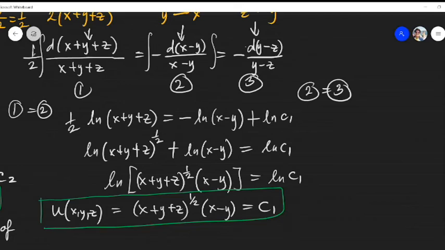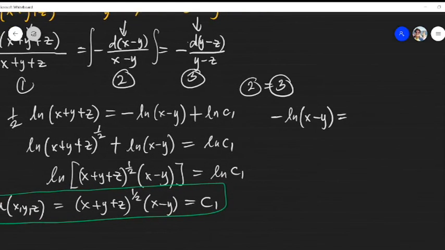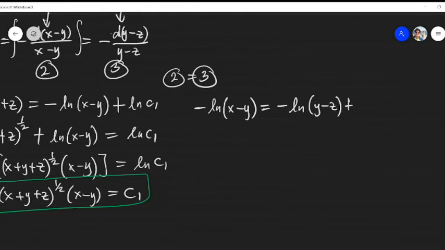The integral of negative dx minus dy over x minus y is just the negative of ln of x minus y, and this is equal to the negative of ln of y minus z from the third fraction, plus c sub 2, or plus ln of c sub 2.